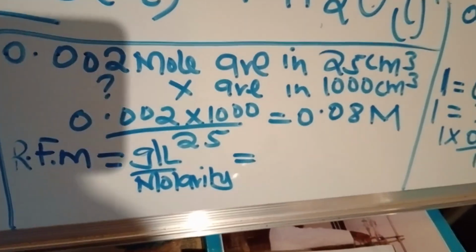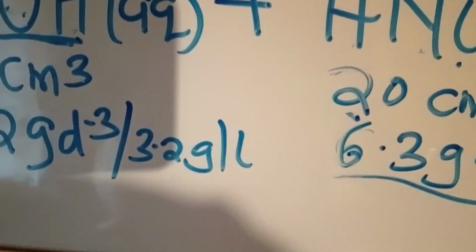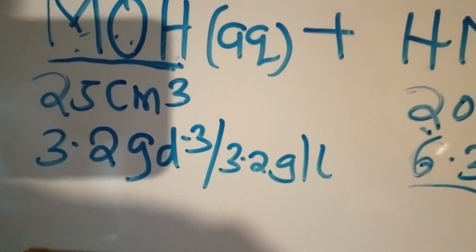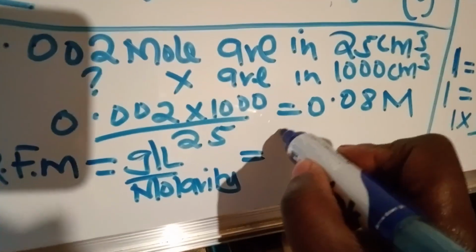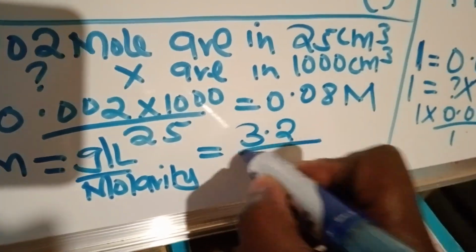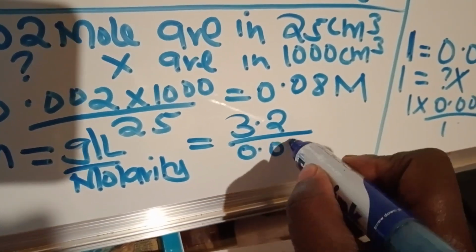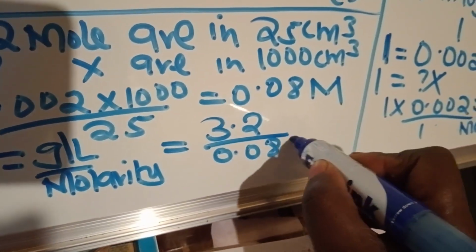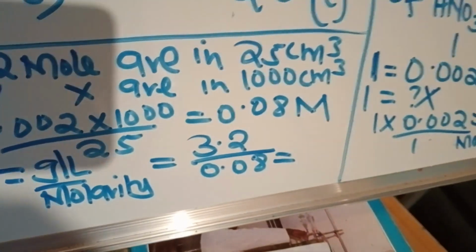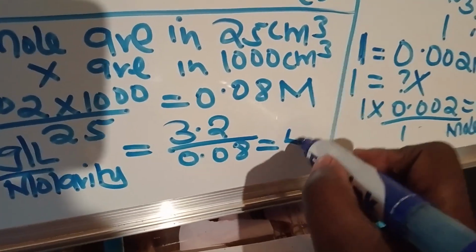The gram per liter that you have been given is 3.2, all over 0.08, which is the molarity. So we get 40.